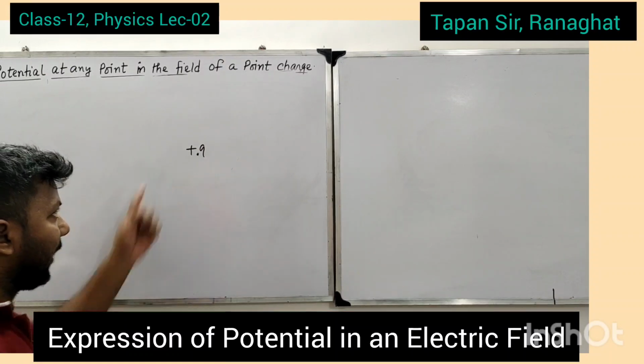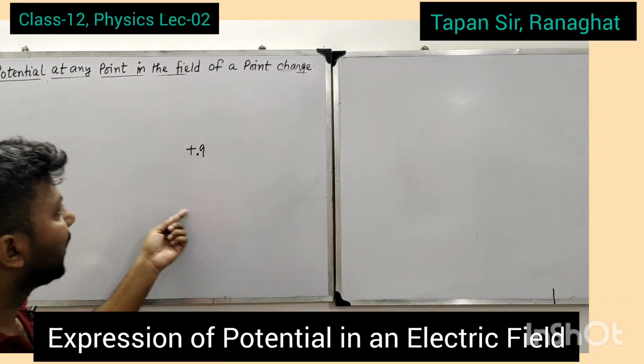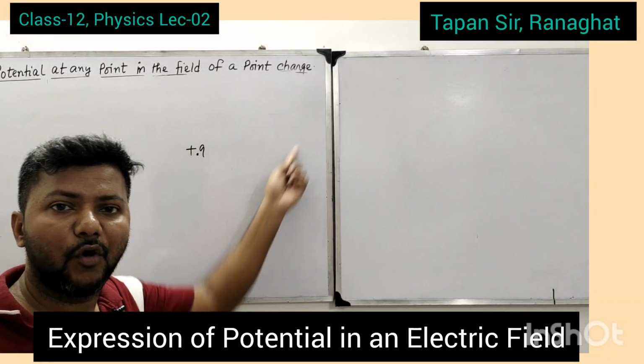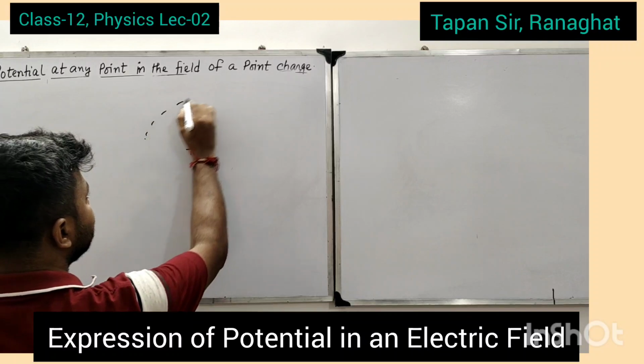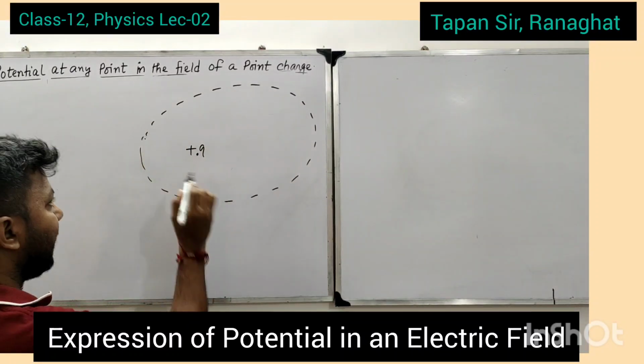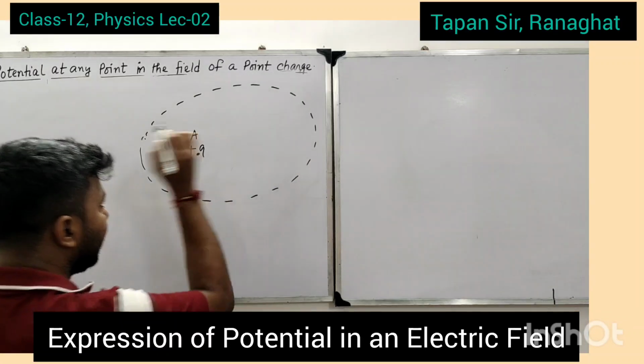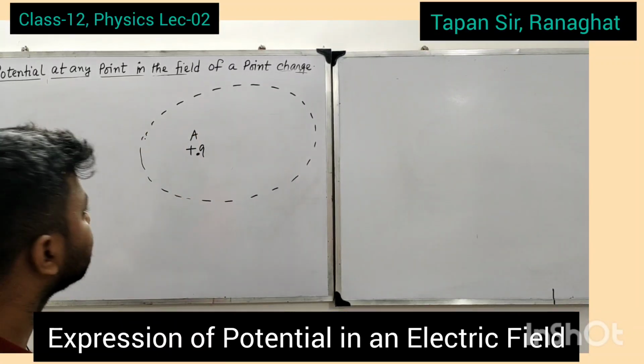So around this charge particle an electric field will be formed. So this is the region, right? This is the region, and let this point charge plus Q be at a point A, right?